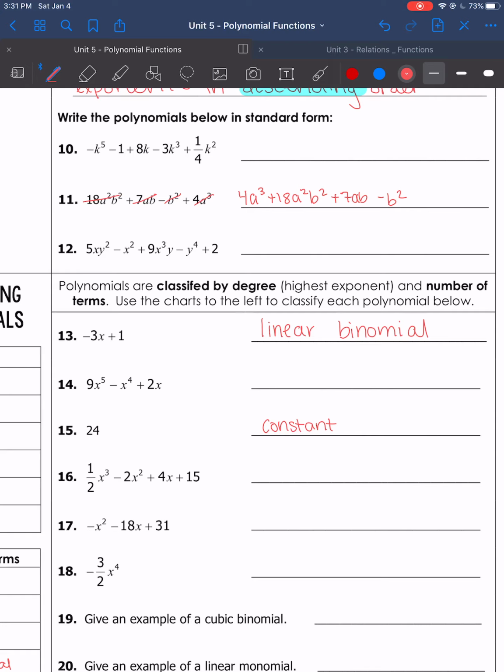And it only has 1 term, so it's a monomial. 17 has an x squared term, so that is a quadratic. And it has 3 terms, so it's a trinomial.